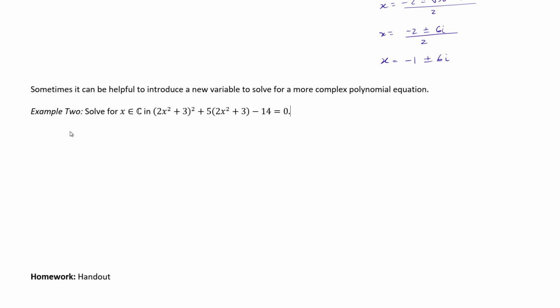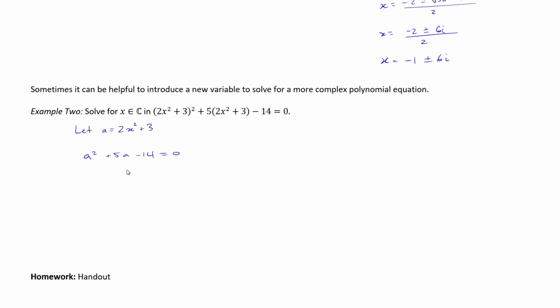All right, so we're going to say let a equal 2x squared plus 3. So anywhere I see 2x squared plus 3, I'm just going to write in a. So then a squared plus 5a minus 14 is equal to 0.